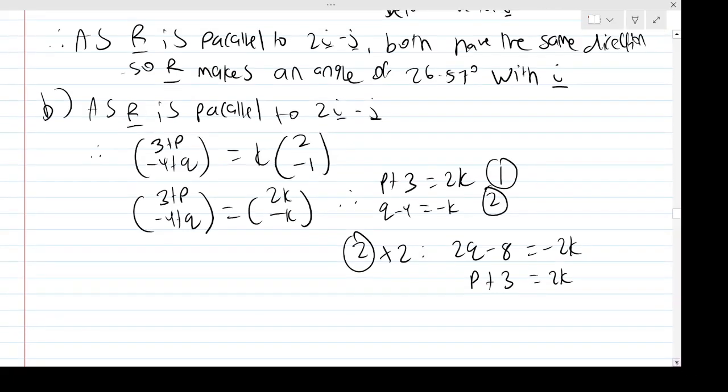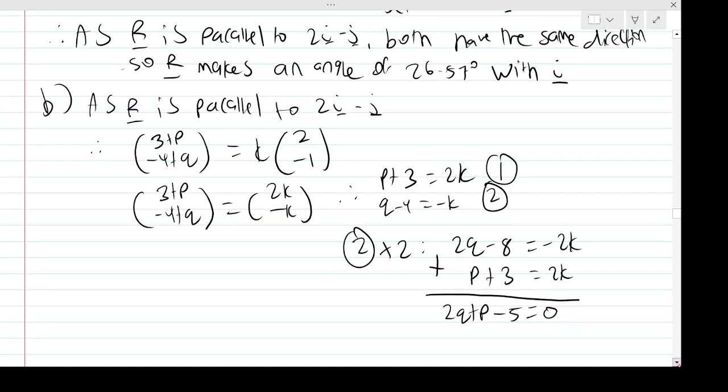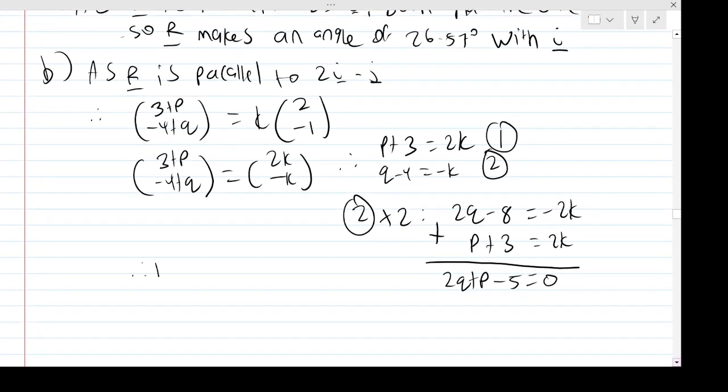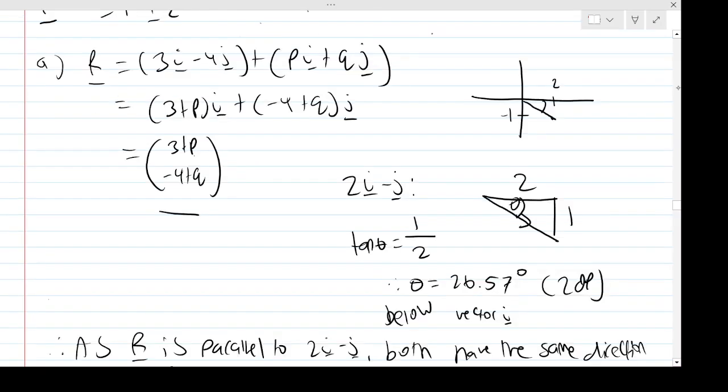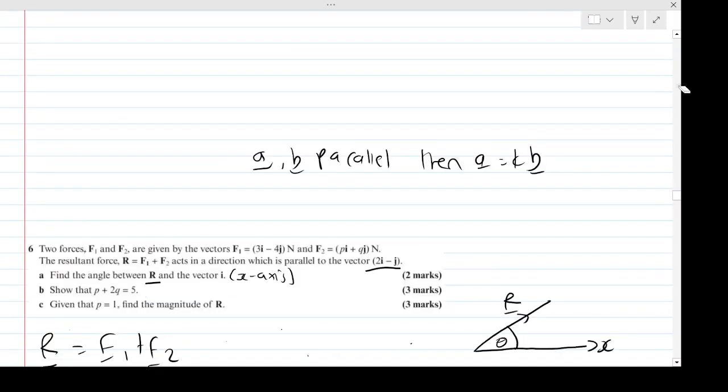So if we add them, we get 2q add p minus 8 add 3, that's minus 5, equals 0. Because minus 2k add 2k is 0. So there we are, we get P add 2Q minus 5 equals 0. So P add 2Q equals 5. And there we are, we get that equation they wanted.